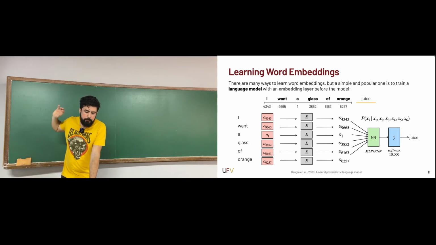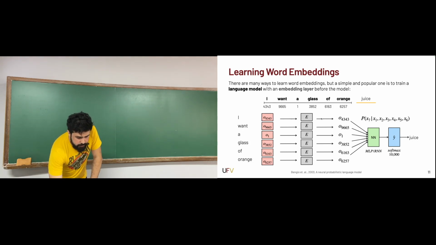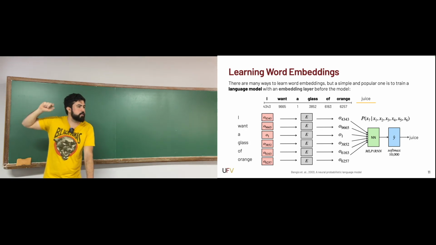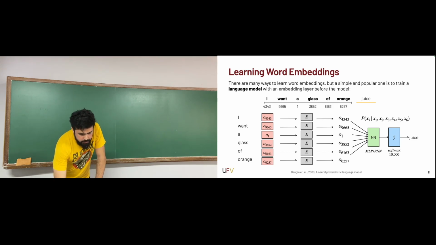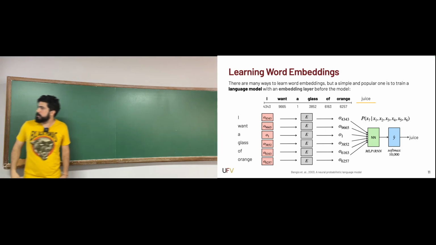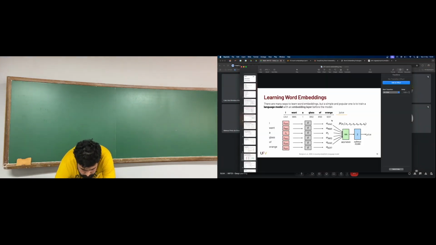What this approach does is it takes the words from the context, I want a glass of orange, and takes their one-hot representations. And these representations are fed to an embedding matrix. Oh, sorry, this should be E. All of these should be E's.